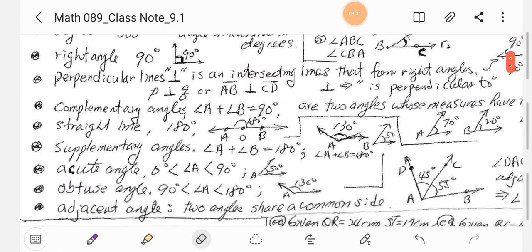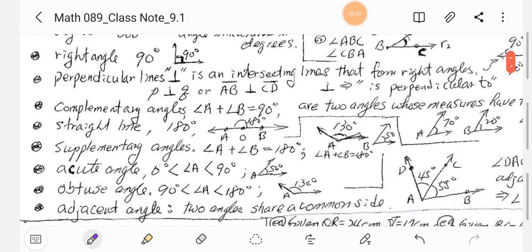Okay. And then complementary angles. This is a really important part. Complementary angles means the sum of the measures of 2 angles is 90 degrees. Let's say here is a right angle.